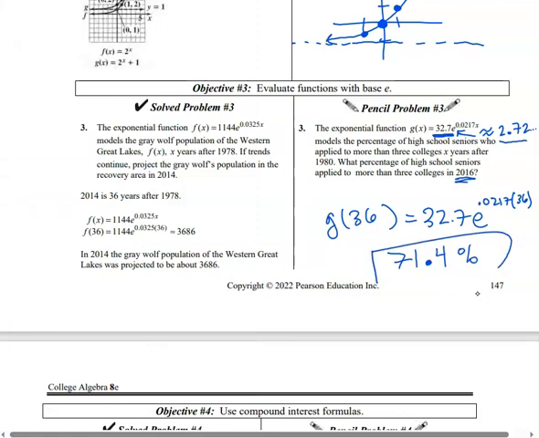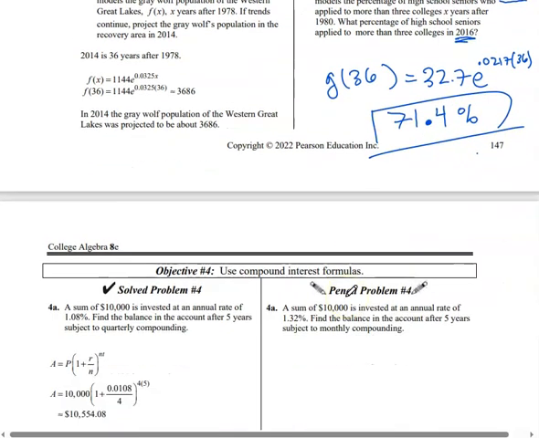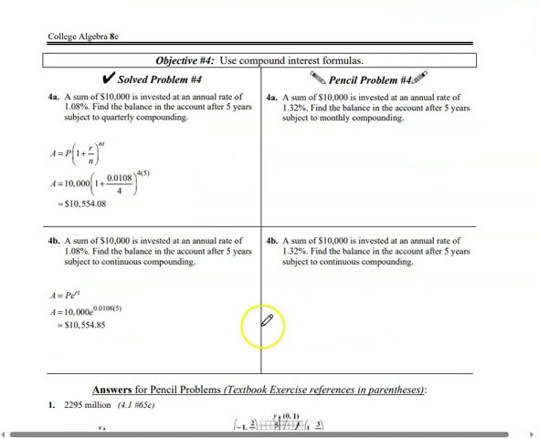71.4%. And now we have what I would consider to be the most normal application for exponential functions, which has to do with interest. And we've seen some of the other applications, like populations. It's really odd to use an exponential model for population because populations do not continue to grow exponentially. There are other factors which contribute to population growth and things that can stunt the growth of population as time goes on.